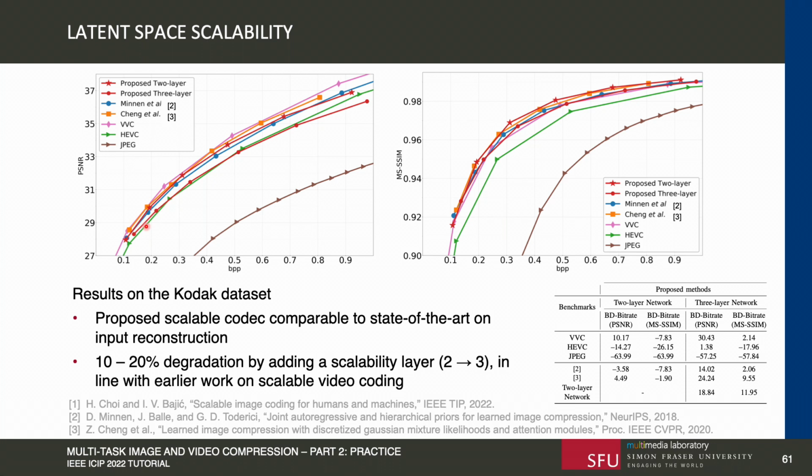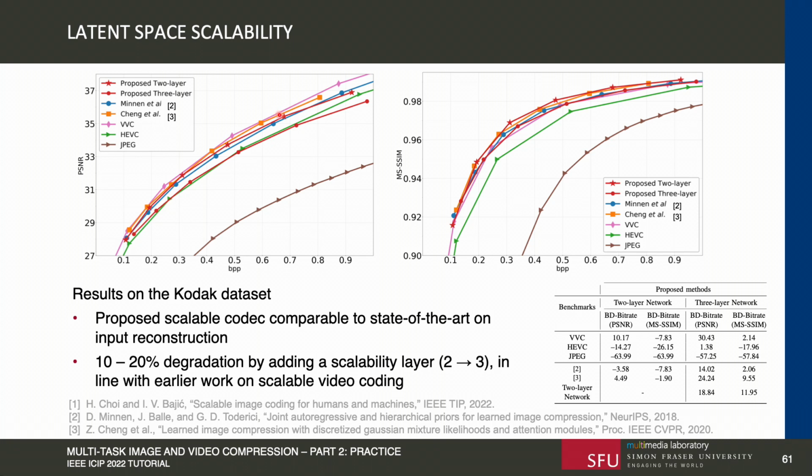So the 3-layer system performs about the same as HEVC. So that's this red line here with the circles. Whereas the 2-layer system performs better, and it's closer to the performance of VVC and the two other trainable image codecs.